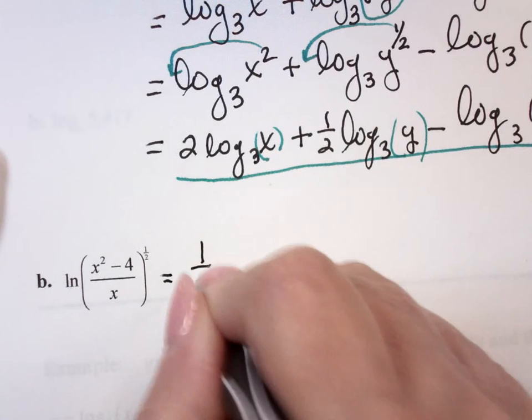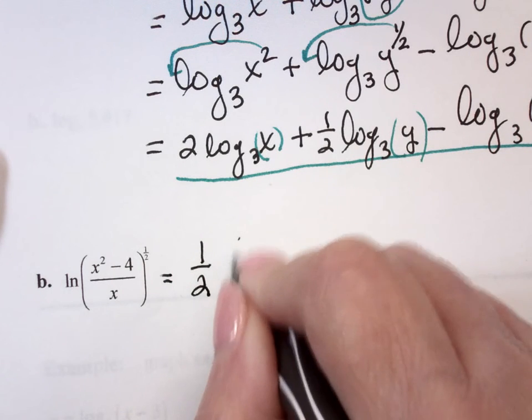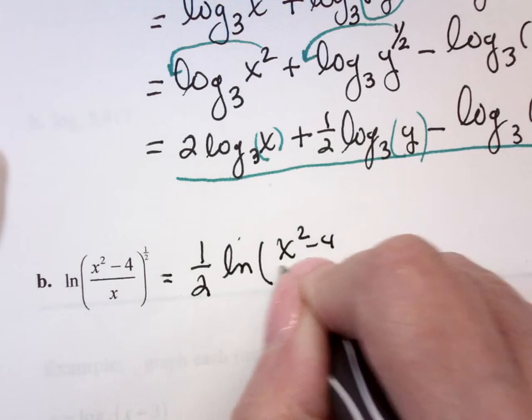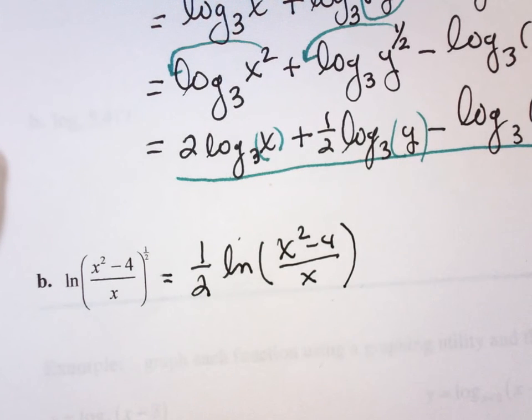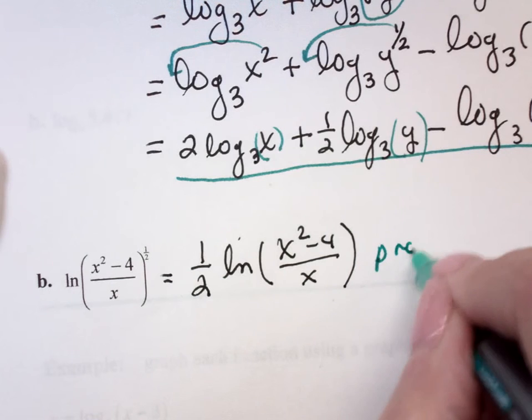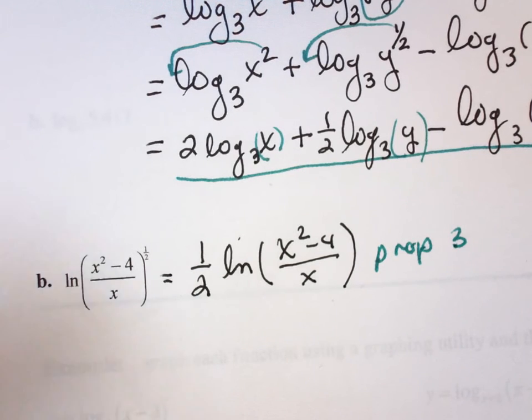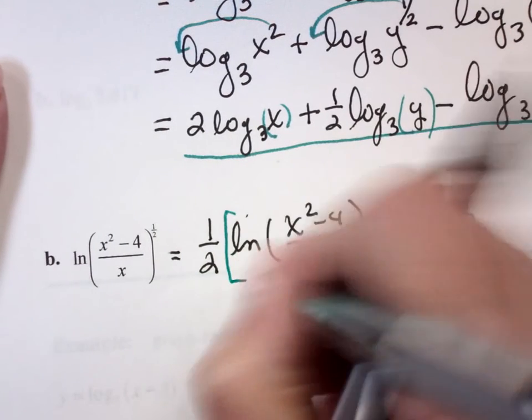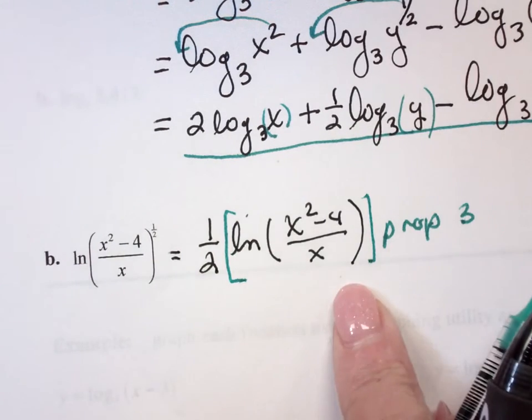I'm going to have to bring the 1/2 down, and so that's going to be property 3. But it's 1/2 times this whole thing. This guy's going to get broken up.